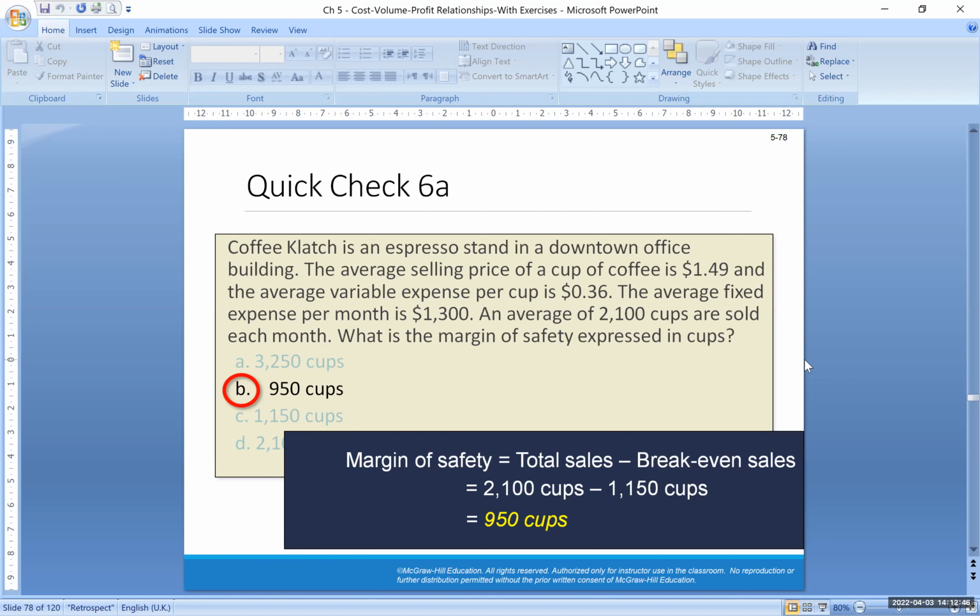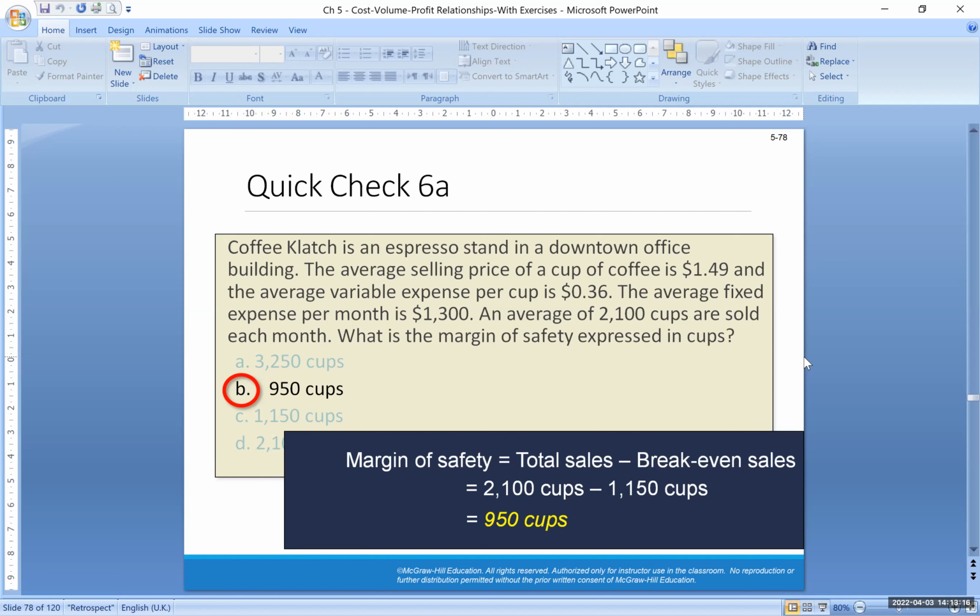Now, the question is talking about margin of safety in units. So I need to look at the x-axis, and compare between how many units were actually sold and the units of the break-even.